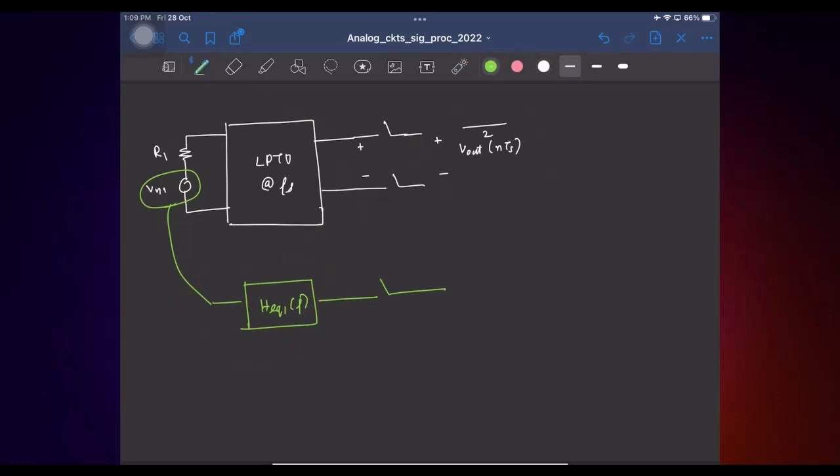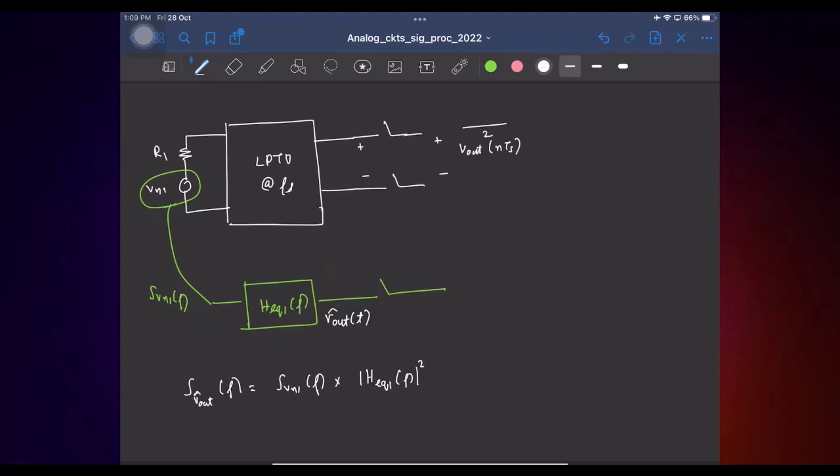So if this input has a power spectral density S_Vn1(f), and this is some V_out hat(t), what can you say about the power spectral density at V_out hat? That is the input side power spectral density times |H_equivalent1|² the whole square.